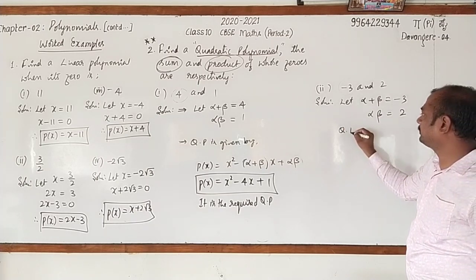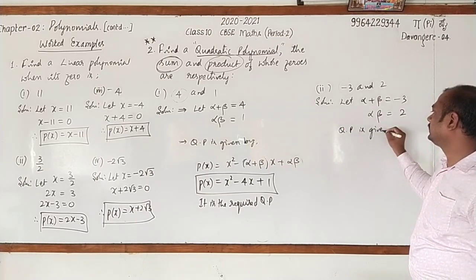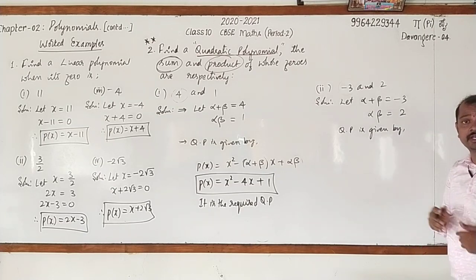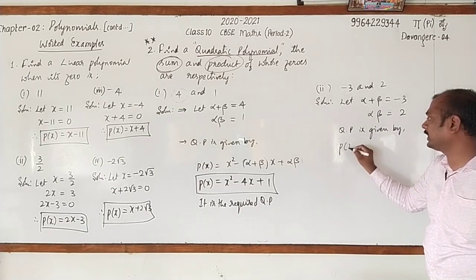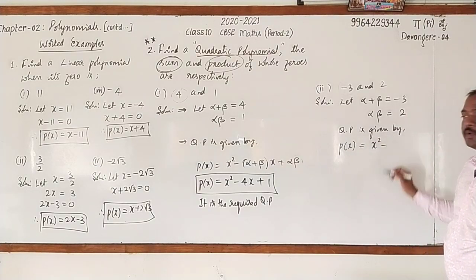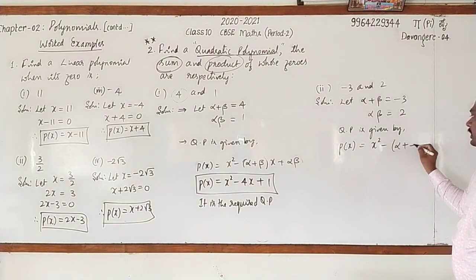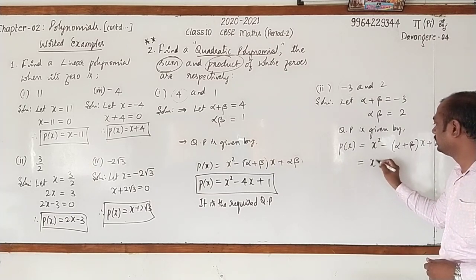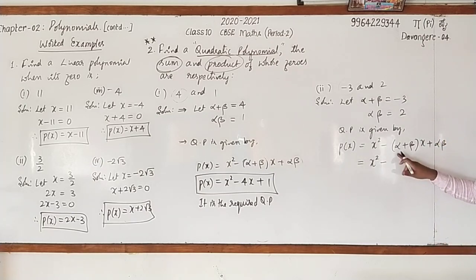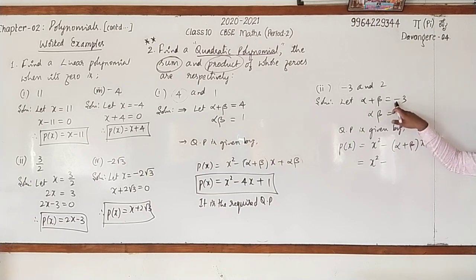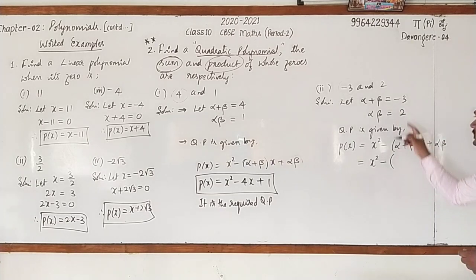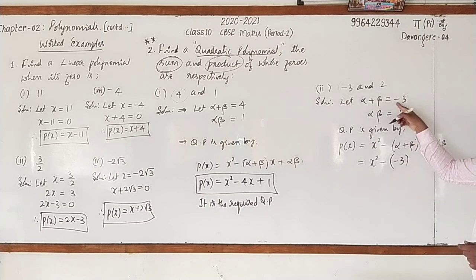Then the quadratic polynomial when zeros are given is p of x is equal to x square minus of alpha plus beta into x plus alpha beta. It is equal to x square minus, what is alpha plus beta? Minus 3 is there. Hence, I'll write it inside the bracket with the minus sign, into x plus alpha beta plus 2.